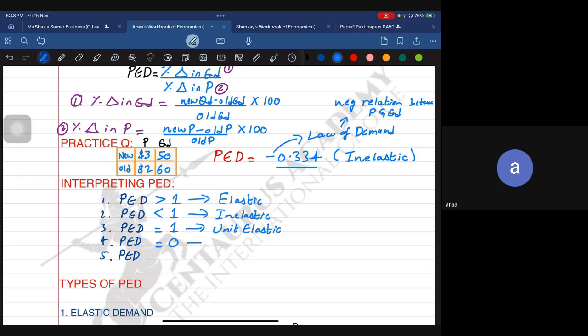Equal to 0, it is perfectly price inelastic. Equal to infinite, it's perfectly elastic.